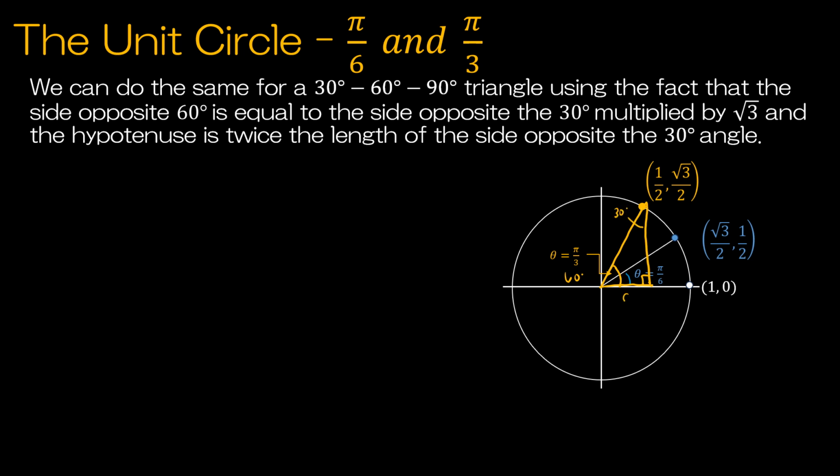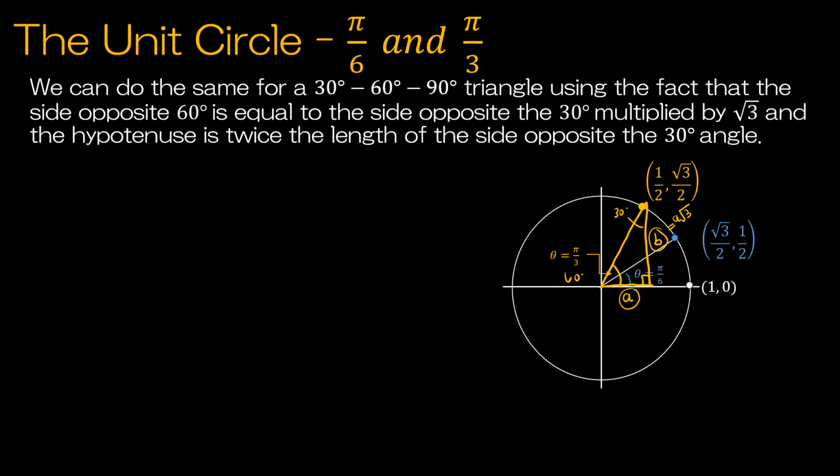So again, if this is A and this is B, we're using a special right triangle, the 30, 60, 90, and it says that the side opposite 60, so B, is equal to the side opposite the 30 degrees multiplied by radical 3. So we're going to use A here, but for B, we're saying we can replace that with radical 3 times A, or A radical 3.